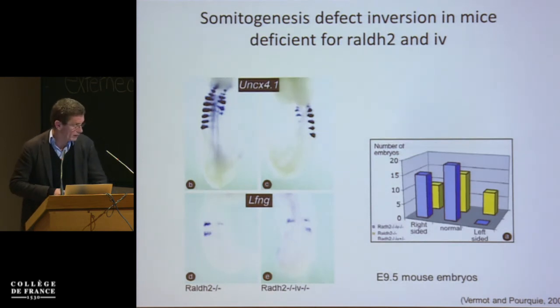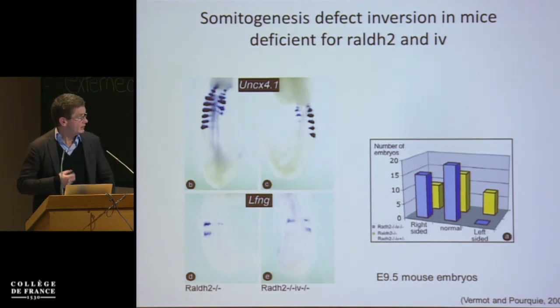And then Julien came to my lab at the time in Kansas City, and he tried to look at what is responsible for this, what controls this asymmetry of somitogenesis.